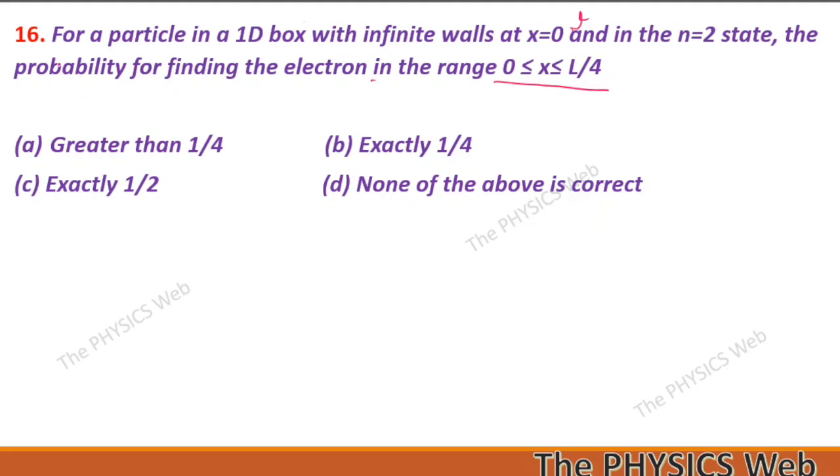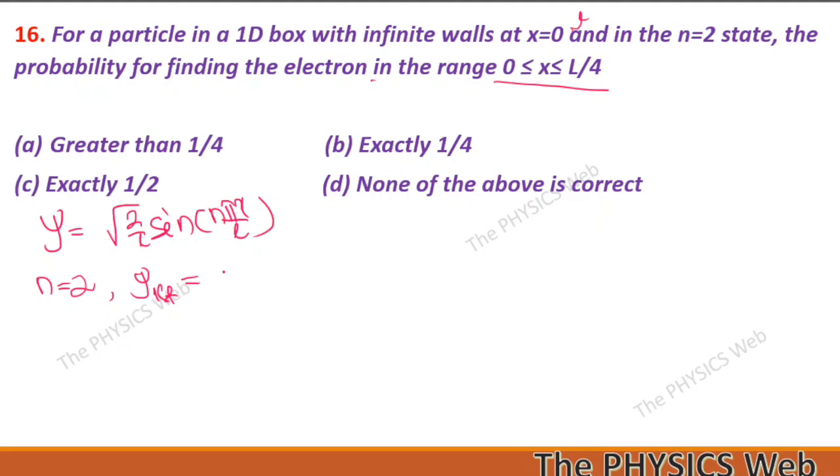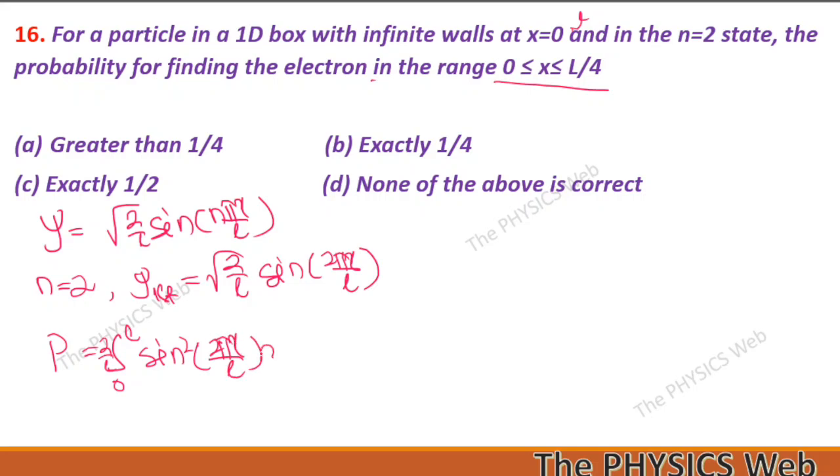You can define the wave function as square root of 2 by L sin n pi x by L. Here n equals 2 means the first excited state, and the wave function will be square root of 2 by L sin 2 pi x by L. For the probability you can calculate the expression from 0 to L by 4, and as it is a normalized wave function, it will be 2 by L sin square 2 pi x by L dx.